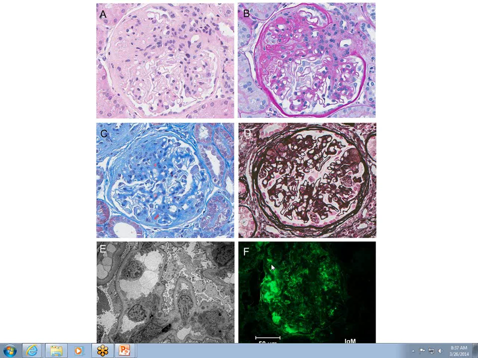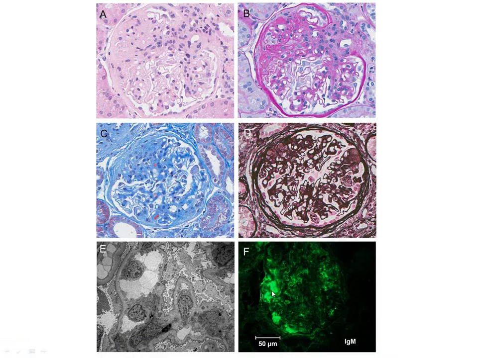And that's supported because if we're looking at the F panel, we have an IgM stain here, and this material is segmentally present, or we have segmental staining, and I use the word splotchy. It is just kind of this globbed stain, and it's a very non-specific staining pattern. If you look at the other areas of the glomerulus, there's not granular staining. So this is non-specific staining that we see in this disease process.